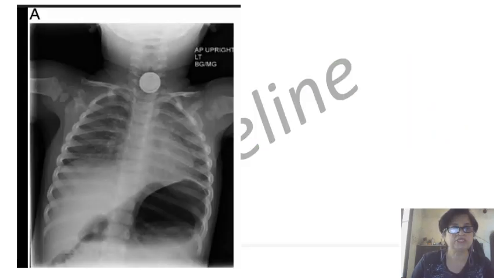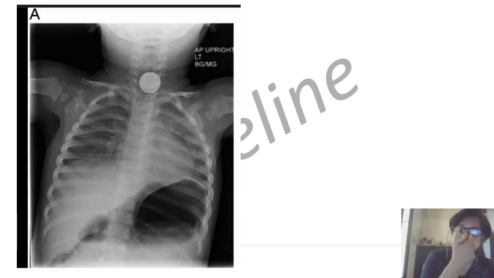So now this is the image that was given to you all and asked to say, I don't know exactly what the options or the stem were. So you know that there is a foreign body in the aerodigestive system. Now, how exactly do I know from this view whether it is in the trachea or the esophagus?